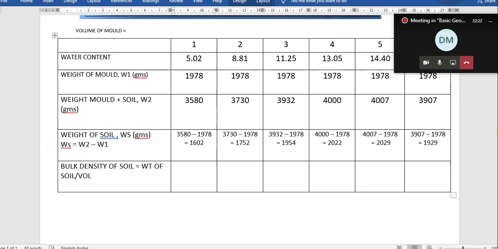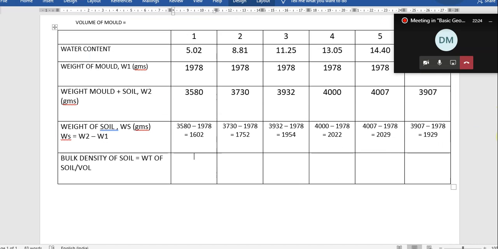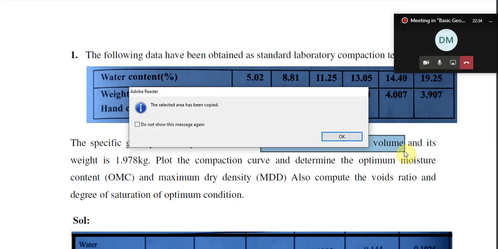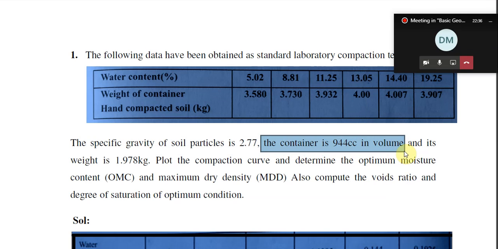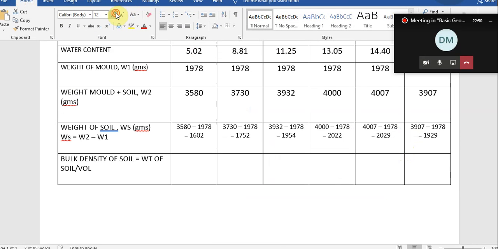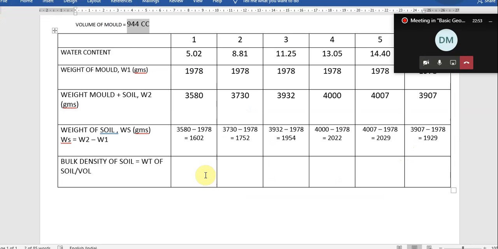If you refer to the question, the container is 944 cc in volume, and it is the same for all the trials. We are using the same mold. So volume is 944.